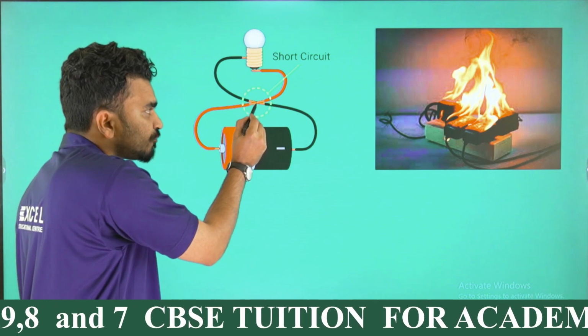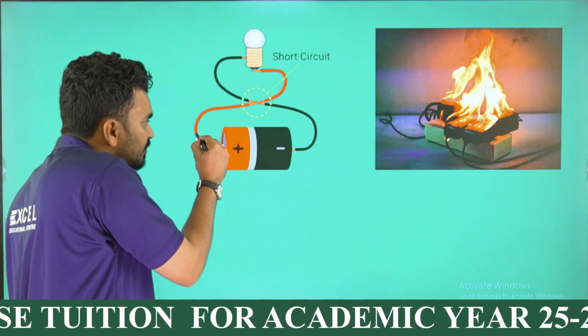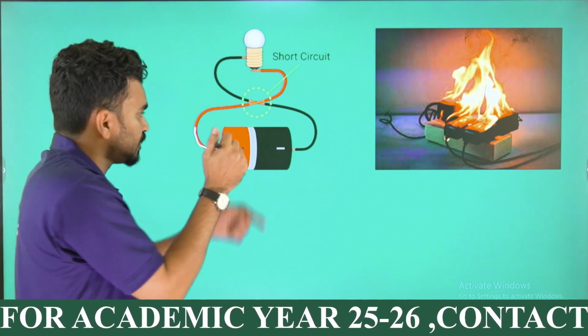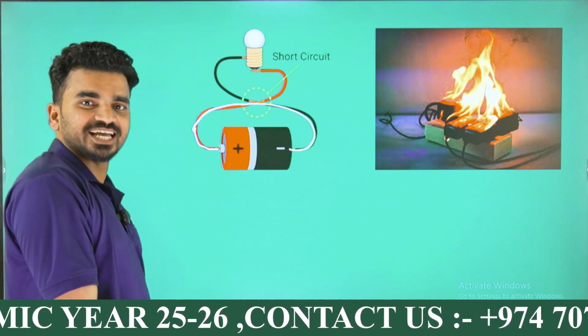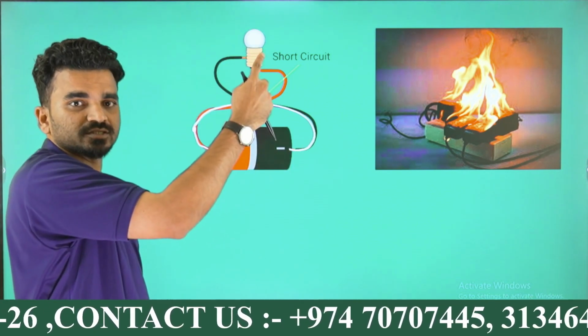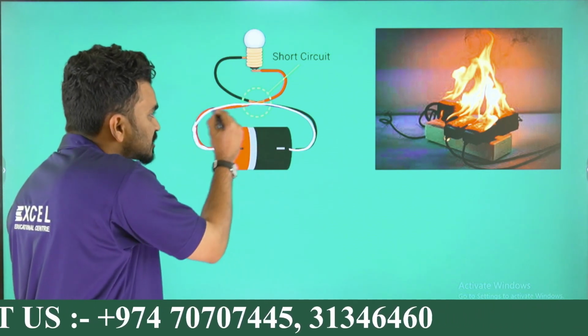If there is a fault, and the live and neutral wire come in contact, current will prefer to go through this path and return back to the cell. Current never prefers the earlier path.